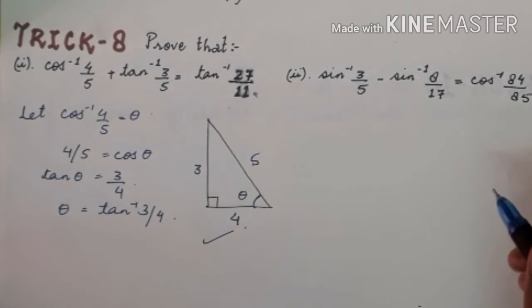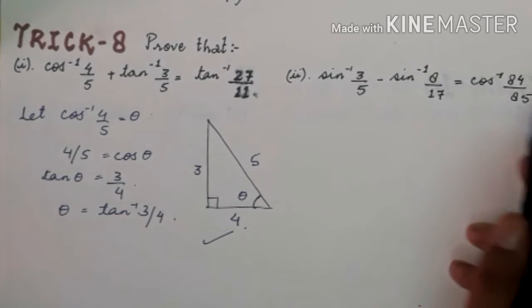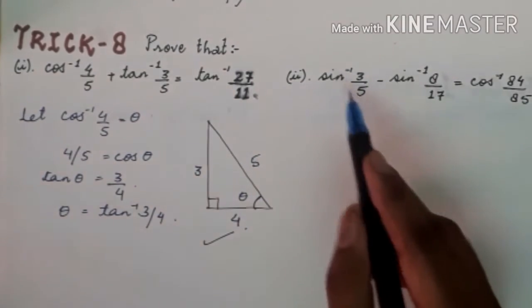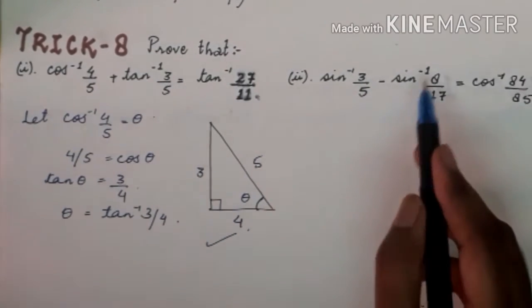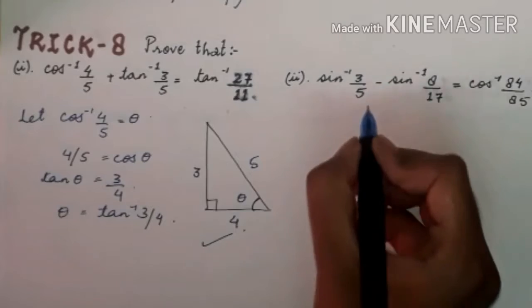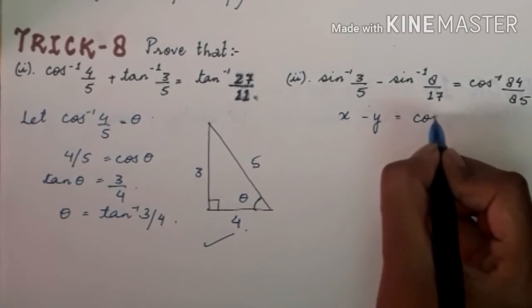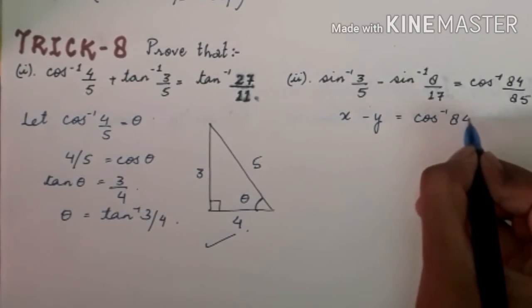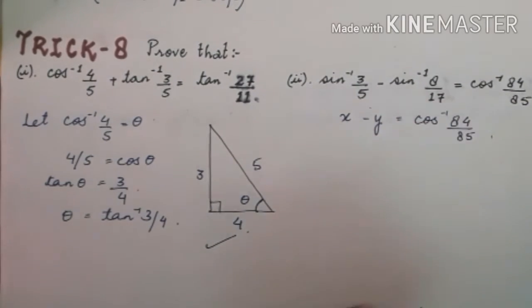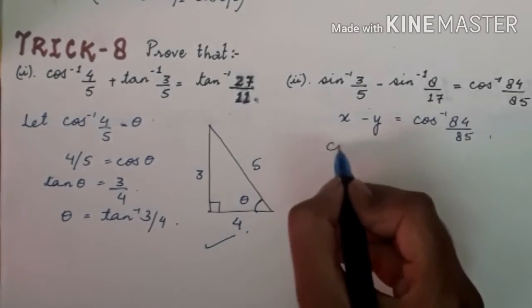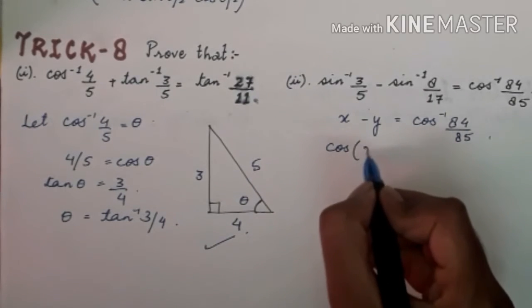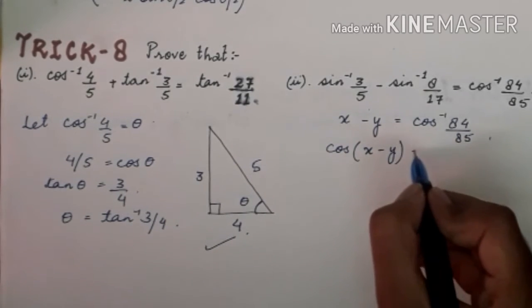So here a simple step goes as, you just let this sine inverse 3 by 5 as x, this as y, then your identity will become x minus y is equal to cos inverse 84 by 85. So now if you take this cos inverse, it will become cos.